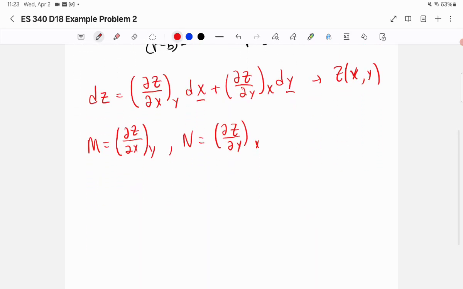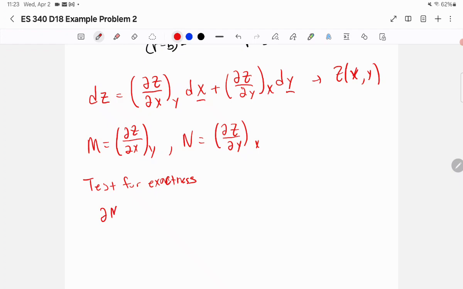I want to make one more detail, the test for exactness. I mentioned this in the lecture, but it's good to recall what that was.